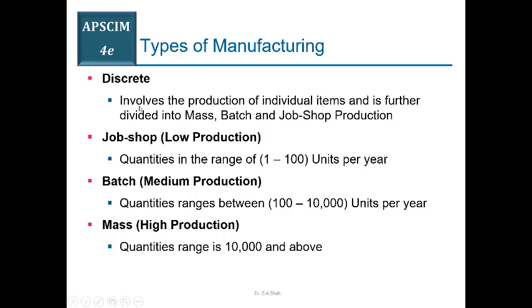So discrete involves the production of individual items, and it is then further divided into mass type or batch or job shop production. और जो जनरल कैटेगराइजेशन है तीनों की ये हम डिस्कस कर चुके थे. जॉब शॉप को हम लो प्रोडक्शन कहते हैं, बैच को हम मीडियम प्रोडक्शन कहते हैं, मास को हम हाई प्रोडक्शन कहते हैं. Job shop is that particular setup in which the quantities will be in the range of 1 to 100 units per year.